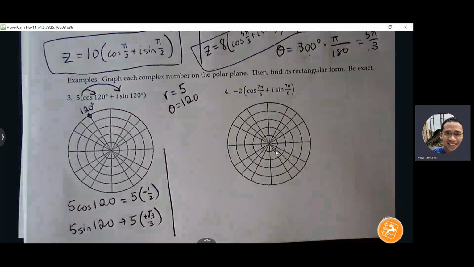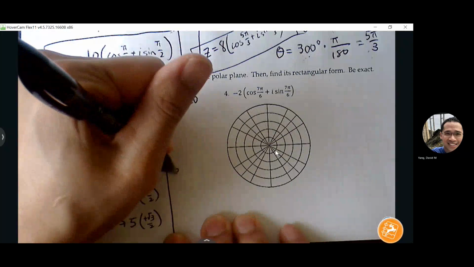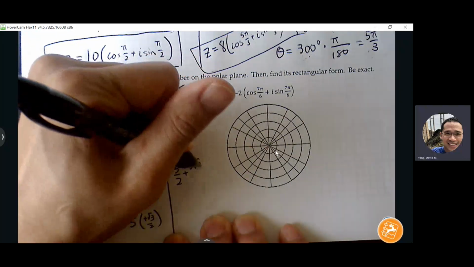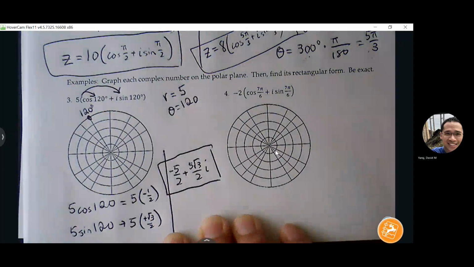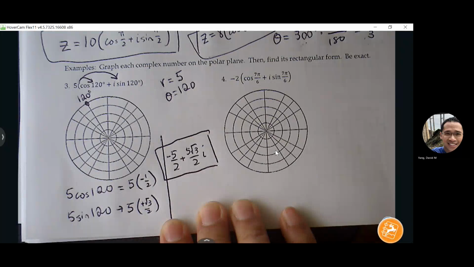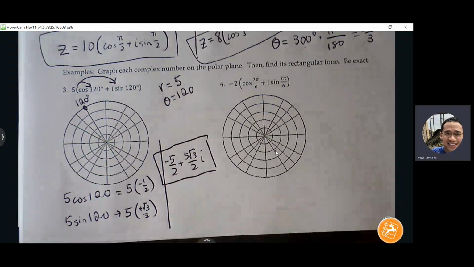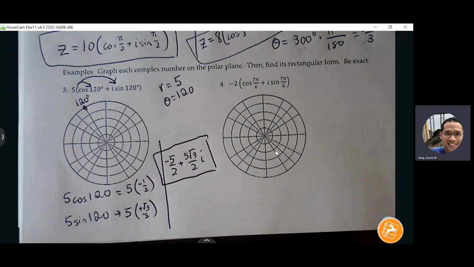So if I want to get this into rectangular form, it'll just be -5/2 plus 5√3 over 2 i. But you can also plug it in the calculator and make sure, as long as you're in proper degree mode, this will get you that answer as well.